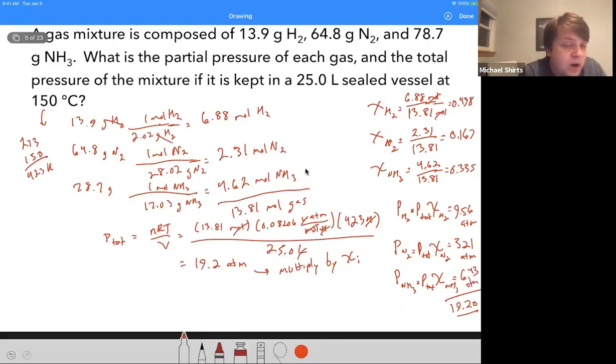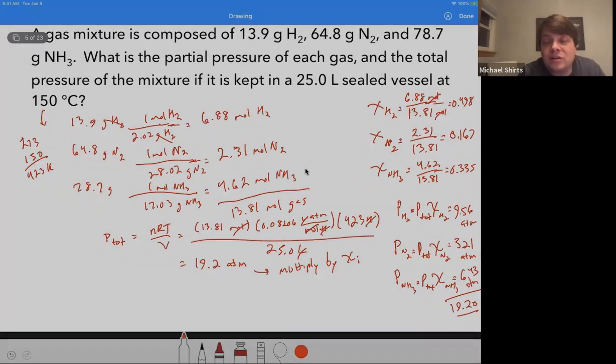And so either way you do it is fine, because for an ideal gas, you can calculate the individual components separately, because they ignore each other, and then just superimpose all three systems together. The total pressure will be just the sum of the pressures from each of those.